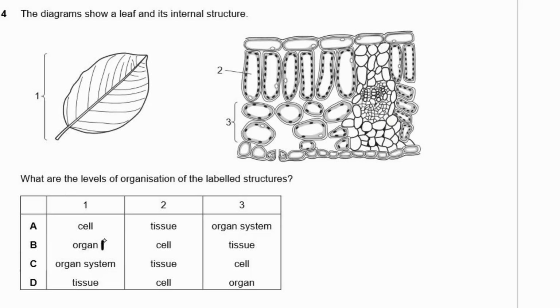To distinguish between an organ and an organ system, in the human body, the organ system would be the circulatory system. So the heart with the arteries and veins and capillaries all working together to get blood around the body. Now with the leaf, it's one organ with many different tissues working to basically create energy for the plant.